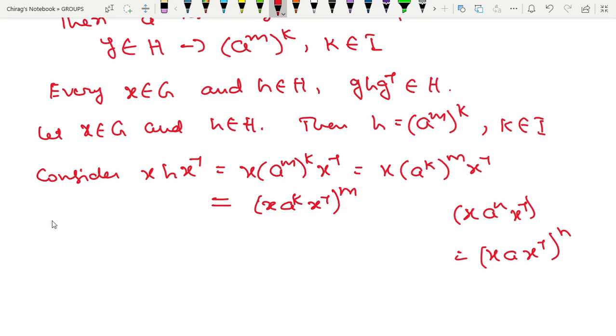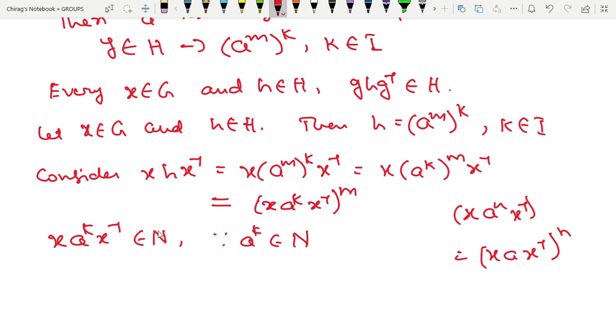Now, what can you say about x a^k x inverse? This definitely belongs to N. Why? Because a^k definitely belongs to N, because N is cyclic and it is generated by a. So every element of N is of the form a^k with k an integer.